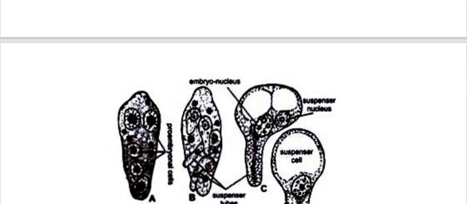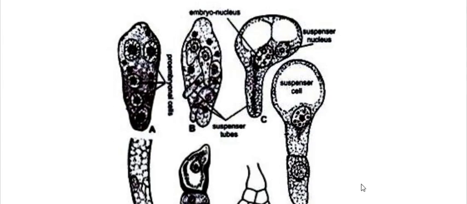We can see here in this diagram that this is the zygote cell, and in this zygote cell the nucleus divides 3 times and 8 nuclei are produced.